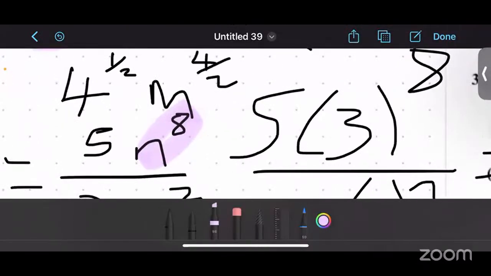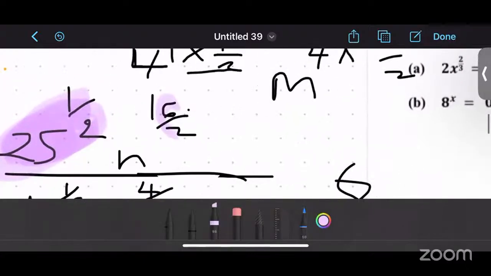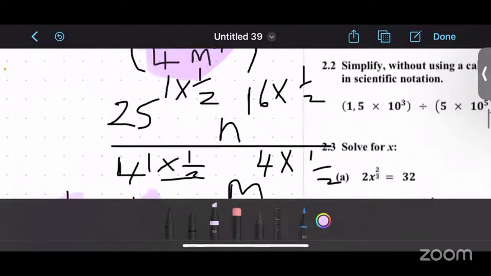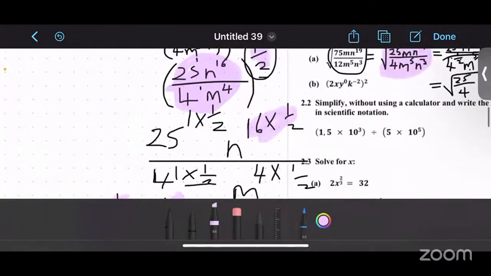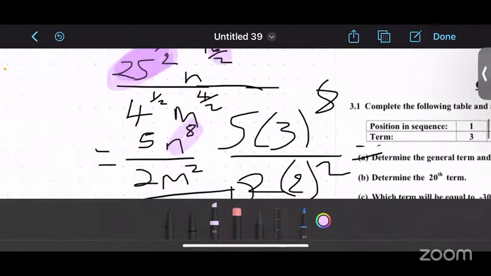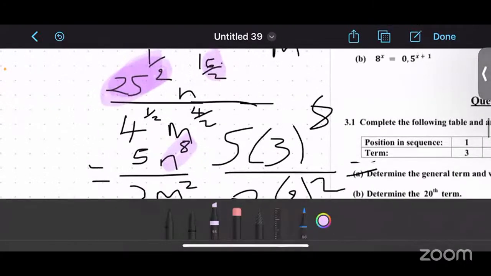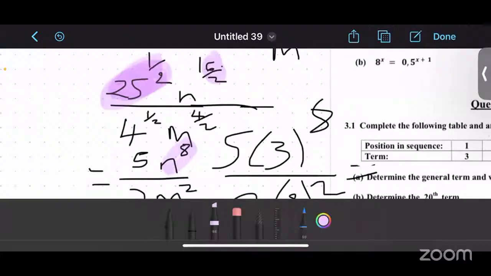Yes, ma'am. It's 16 divided by 2, which we got from 16 multiplied by 1 over 2. Is it not supposed to be 8? What is 16 divided by 2? Is it not 8, guys? Oh gosh, yes, it is 8.